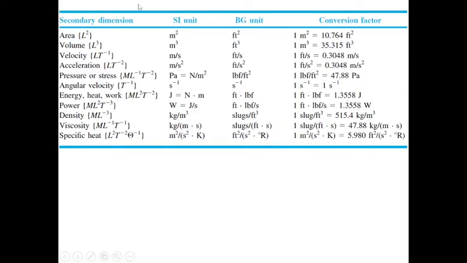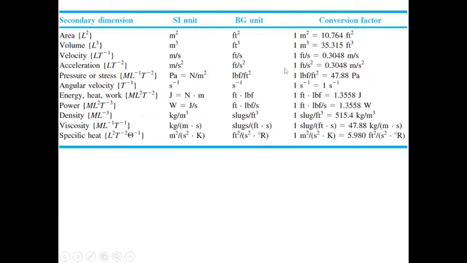So, we consider other secondary dimensions. We have area, making use of length, L squared. Volume, length again, no? Kaya merong SI unit na square meter. British gravitational unit na square foot, no? L cube, cubic meter, cubic foot. Tapos, ito yung mga conversion factor na kailangan nyong tandaan, no?